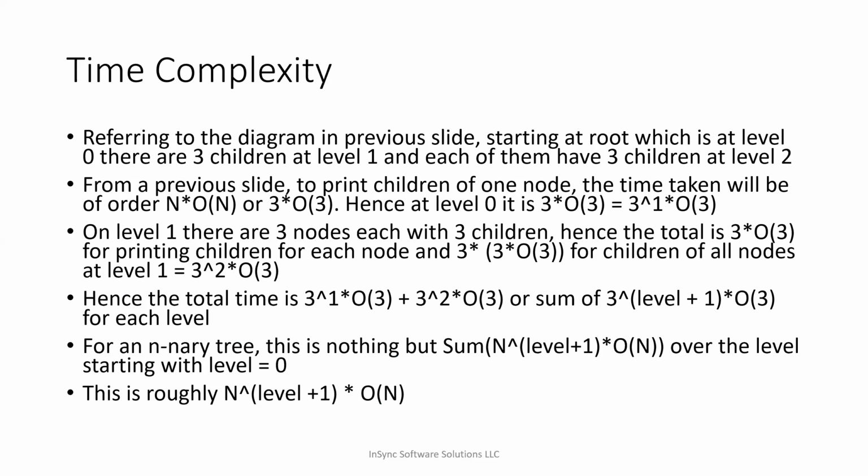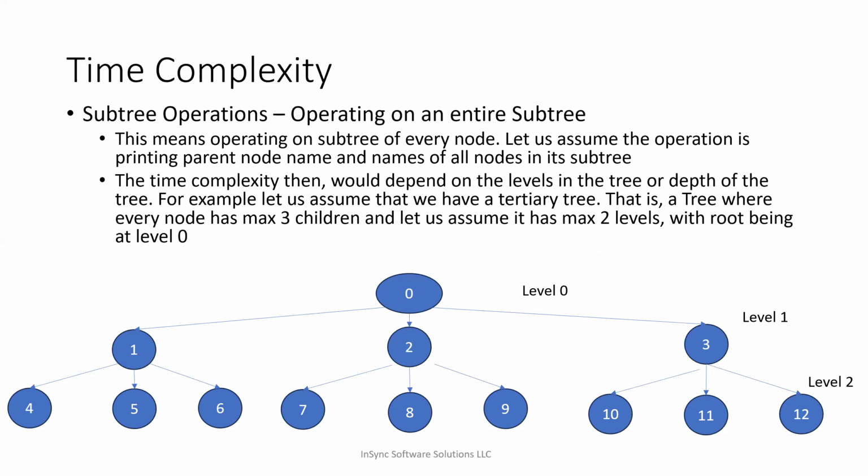Referring to this diagram, let's start at root, which is at level 0, and then there are 3 children at level 1. From the previous slide, just to print children of one node, the time taken will be n into order of n, which is nothing but 3 into order of 3. Finding 1 is going to take order of 3, then another one, then another one.